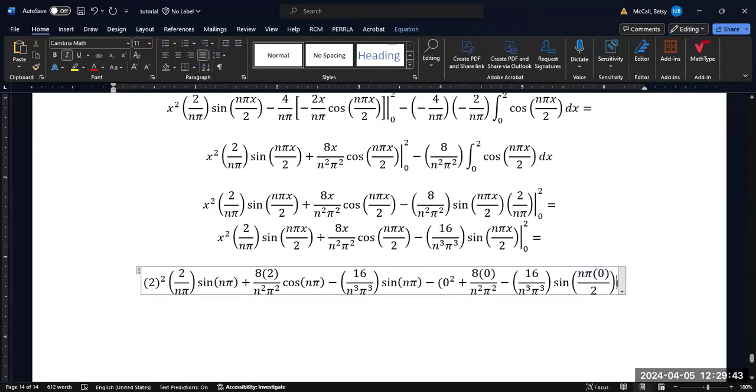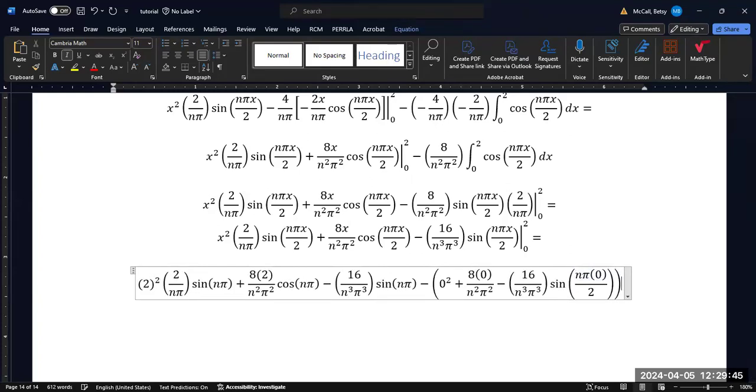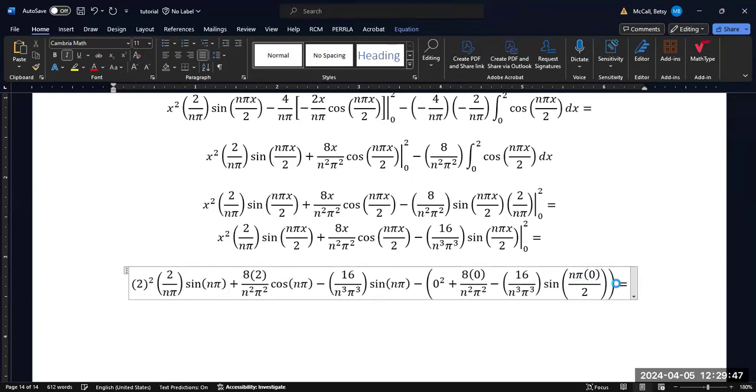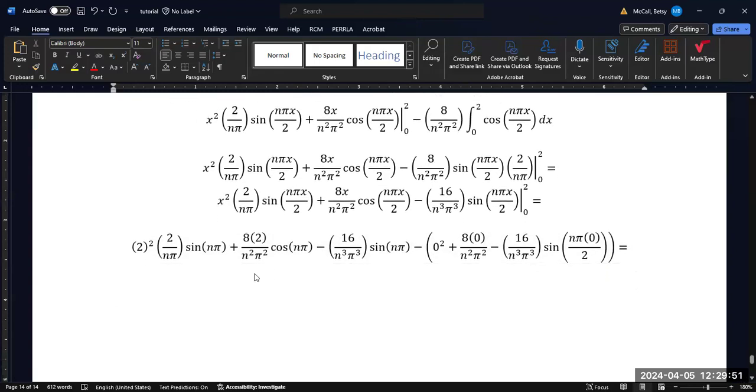So these are all 0. And then if I'm looking at evaluating these ones, again, integer multiples of pi are going to be 0, right? 0 pi, 1 pi, 2 pi, they're all 0.